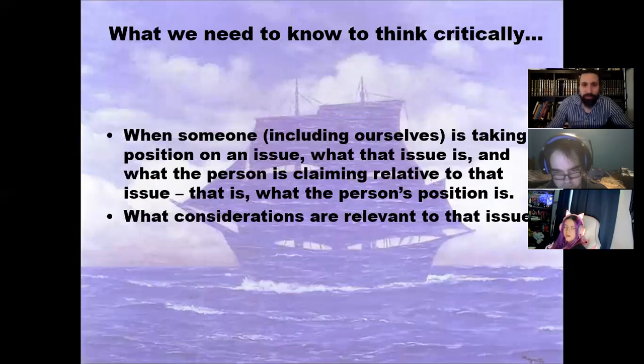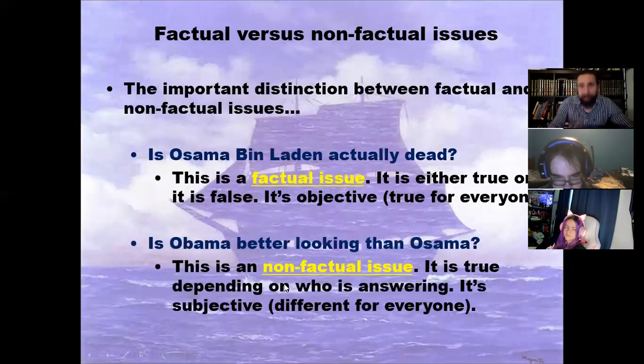Again, a very simple point: when somebody, including ourselves, is taking a position on an issue, we need to ask what is relevant to that issue. What is relevant to that person's position? What is relevant, and what is not? This is a distinction that I do want you to retain.